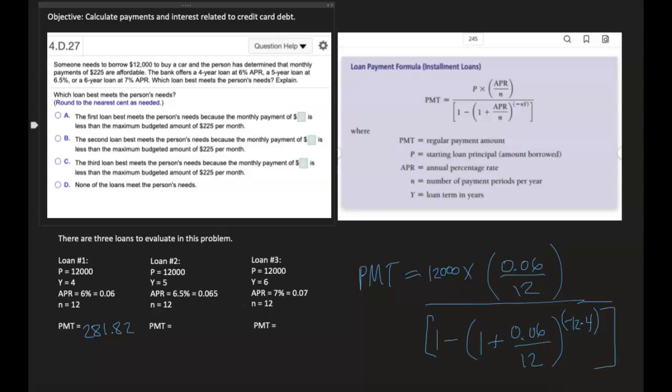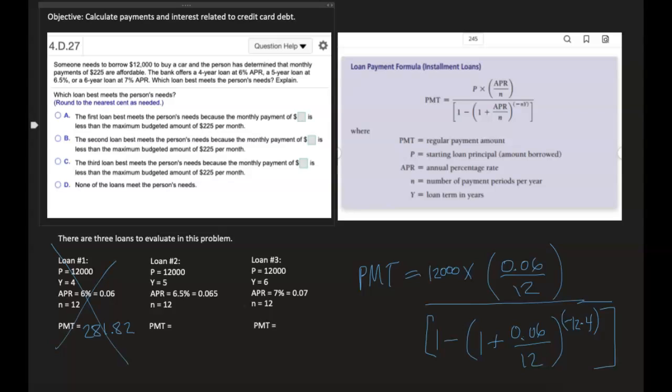And notice that's above what this person says they can afford. They can only afford $225, and that means the first loan is out of the question. It's not affordable.